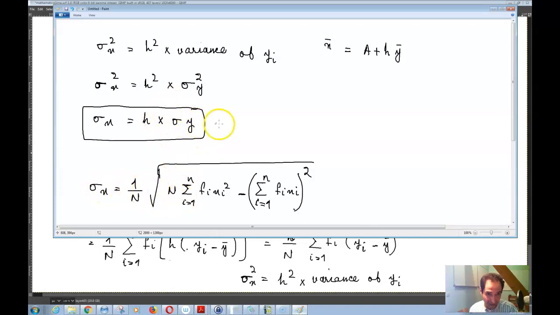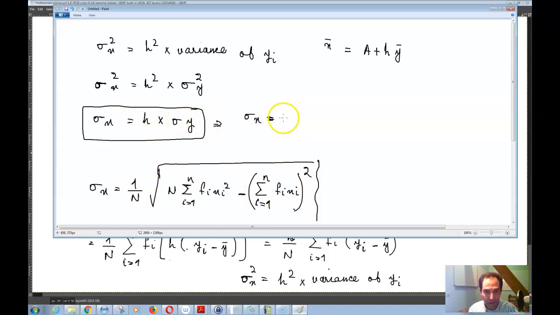I can rewrite this as the standard deviation of the variable x is equal to h times... If you want to write the same formula for sigma of y, you have to substitute every x that you see here with y. That's the only thing you would have to do, and then you would have to multiply h by this whole thing.